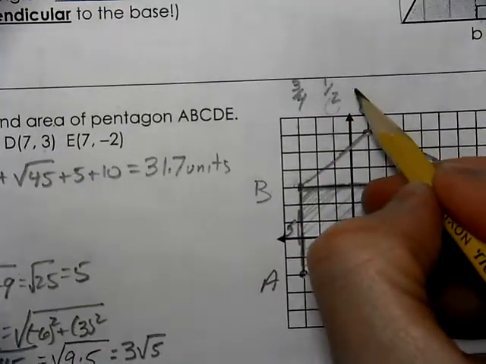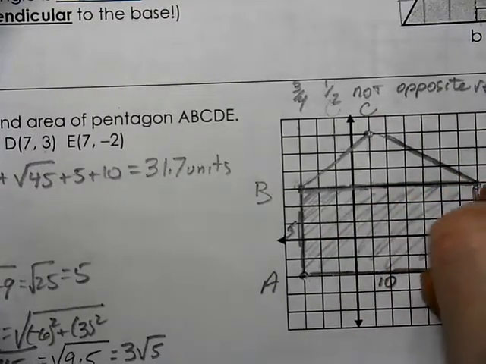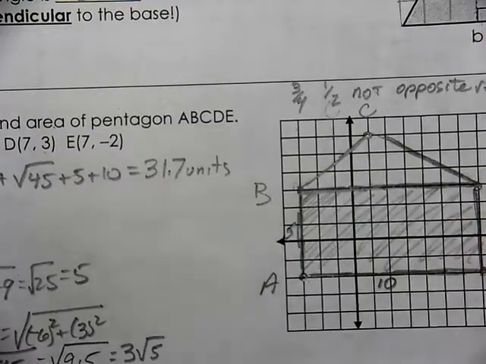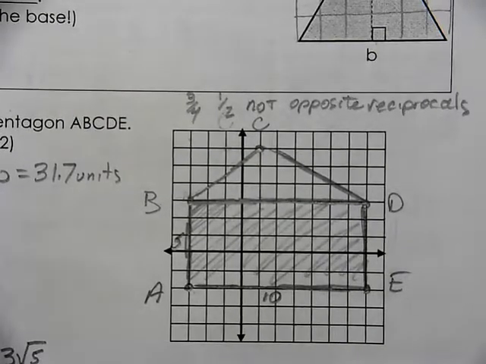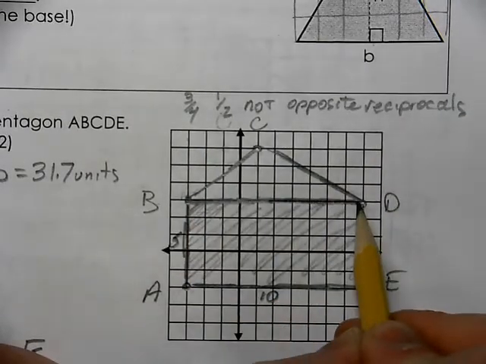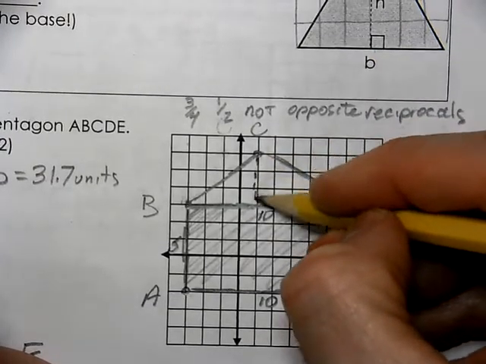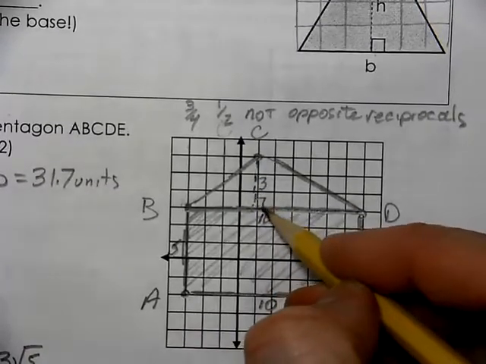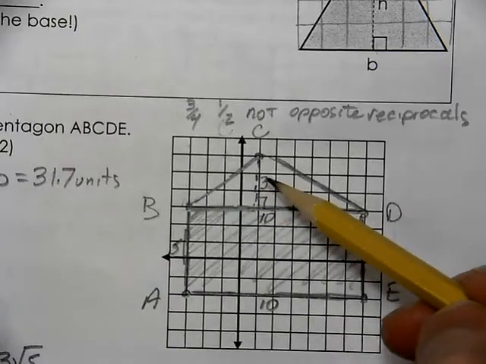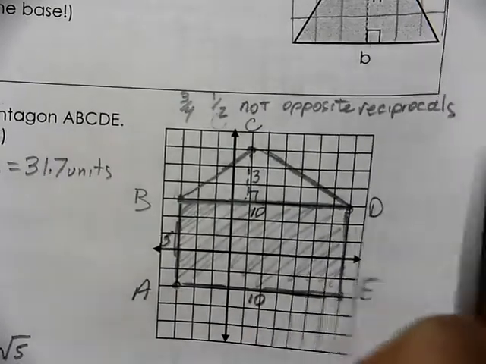They're not opposite reciprocals. So we need to look for another set that happen to be perpendicular. Here's a horizontal line, which is a length of 10. Here's a vertical line, which is a length of 3. So that's an easy way to recognize that that's perpendicular. So we're going to take half of the base times the height to calculate the area of the triangle.